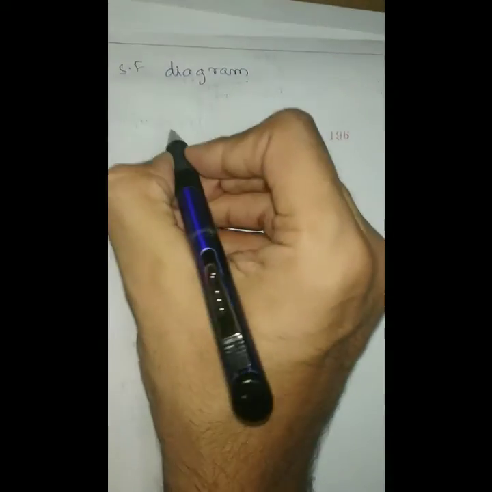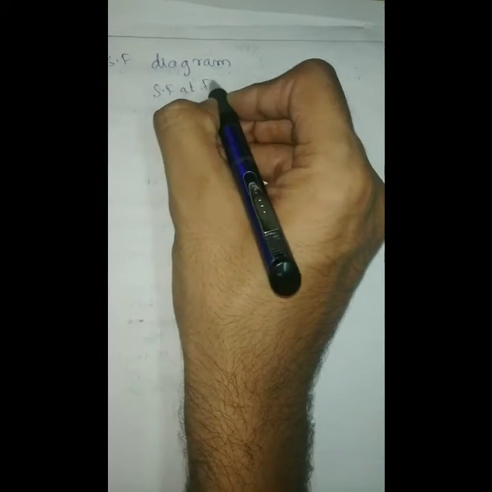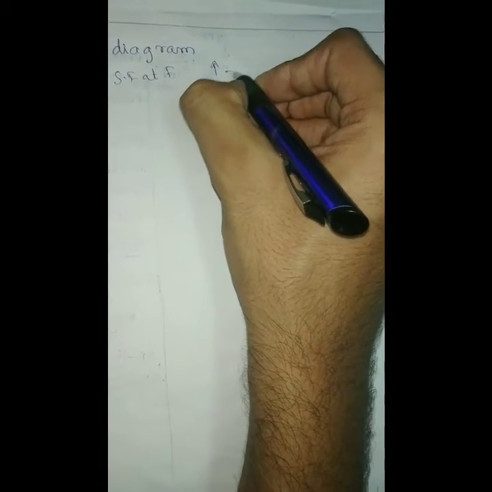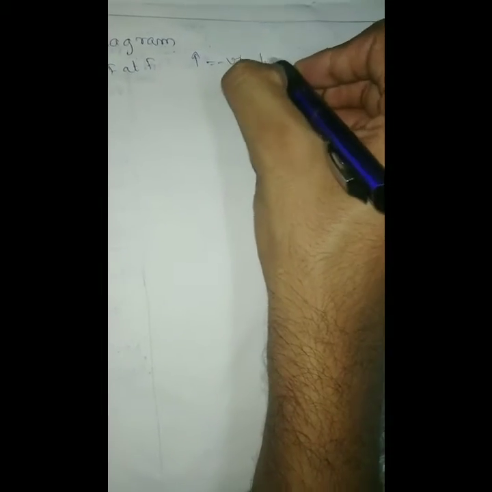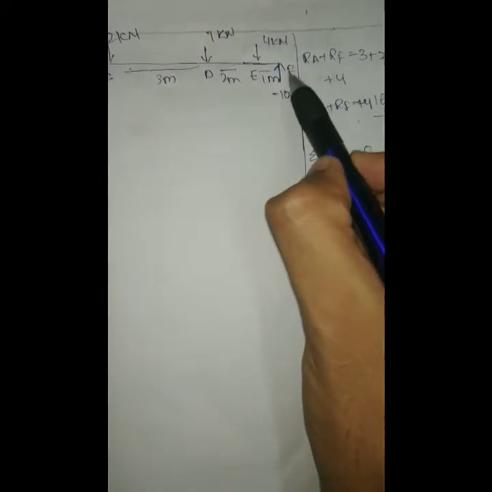So we first find the shear force at F. In shear force, upward is taken as negative and downward is taken as positive. What is the shear force at F? Minus 10.18.